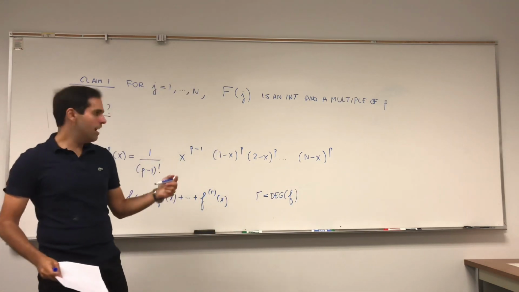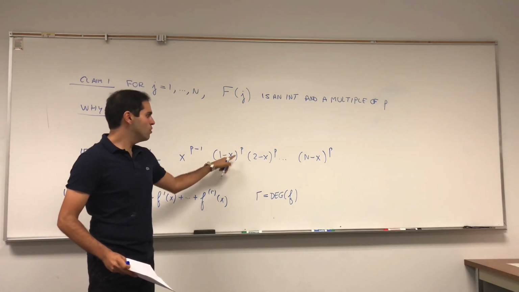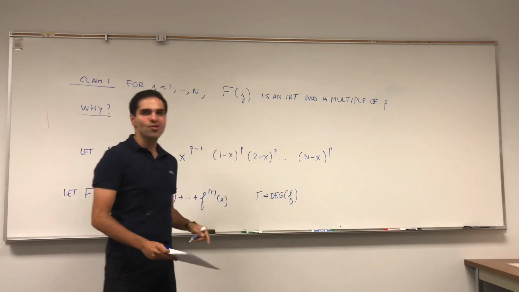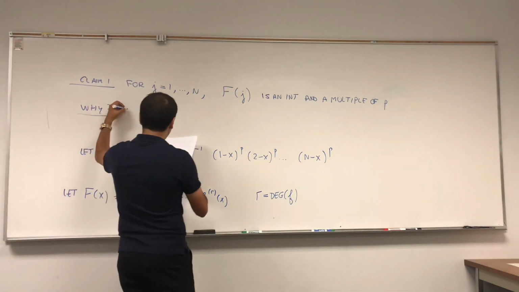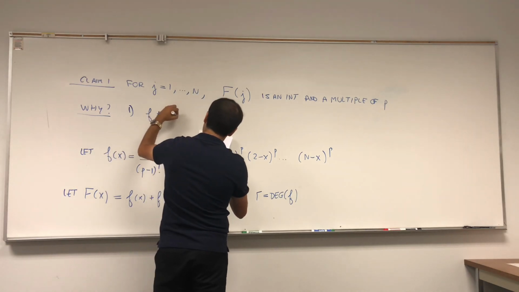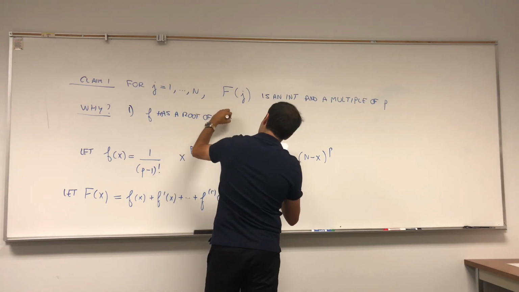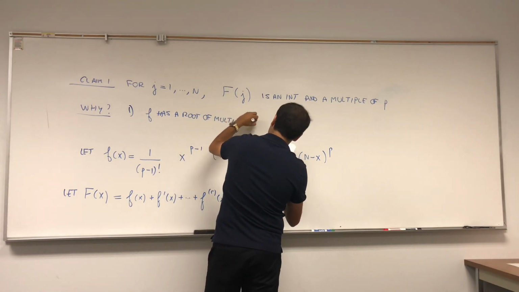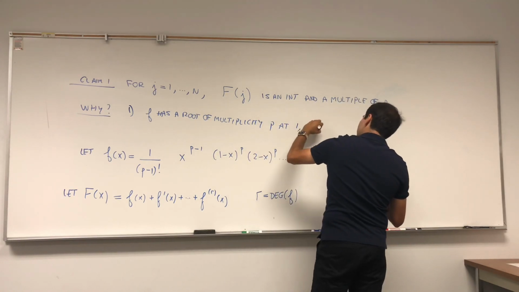And not only that, it has a lot of roots. Right? Like 1, it has a root p times. 2, it has a root p times, etc., etc. So, on the one hand, f has a root of multiplicity p at 1, 2, n.